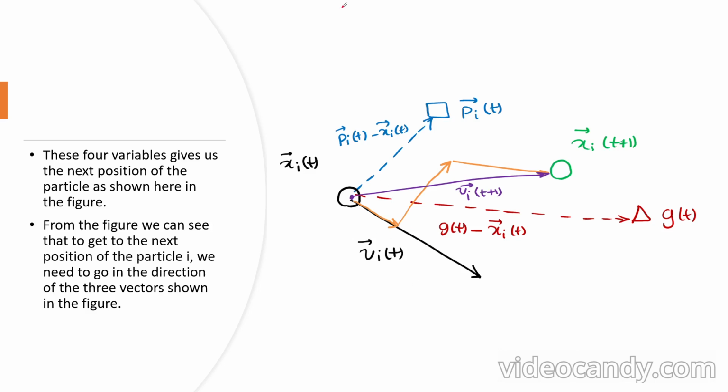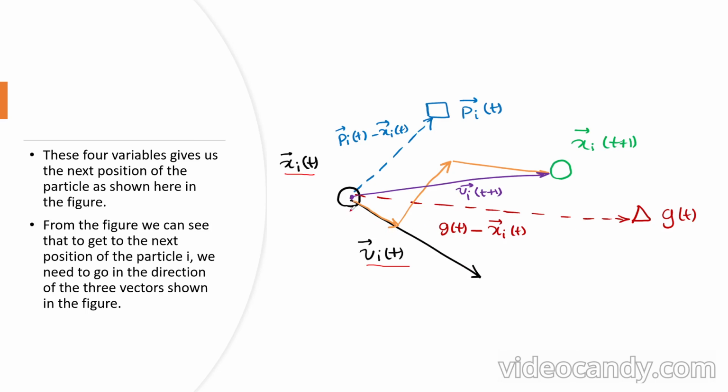So this is how the particle is moving in vector representation. This is the initial position, this is the velocity, and when you add these two you will get the next position.